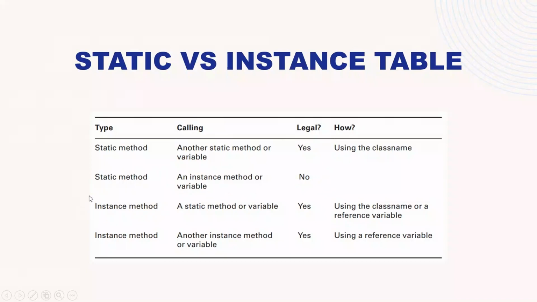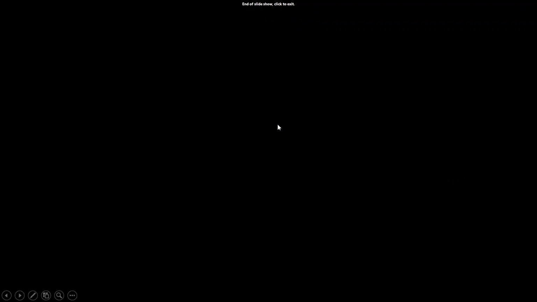If it is an instance method and it calls a static method or variable, then it is legal. We saw this example just now, right? And if it is an instance method calling another instance method, it is legal. That's what I meant to say.